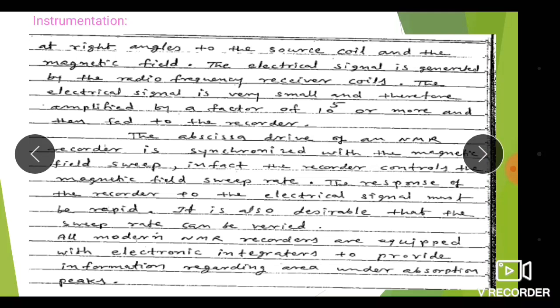Then the abscissa of an NMR recorder is synchronized with the magnetic field sweep. The recorder controls the magnetic field sweep rate. The response of the recorder to the electrical signals must be rapid, and it is also desirable that the sweep rate can be varied.